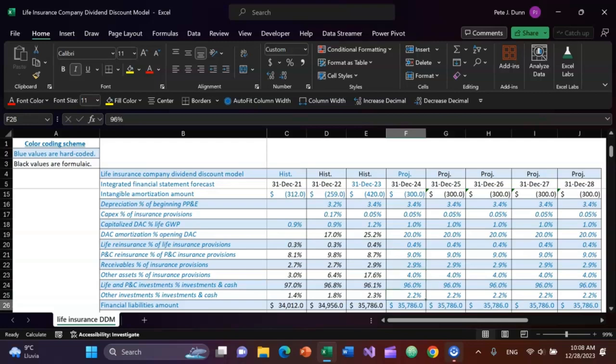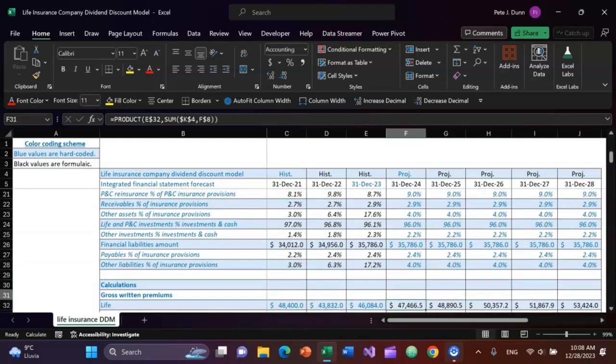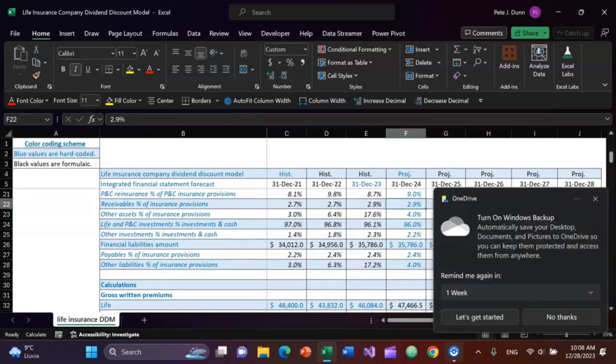The idea there is that property and casualty is more dependent on the reinsurance market than life insurance due to the uncertainty of the policies.